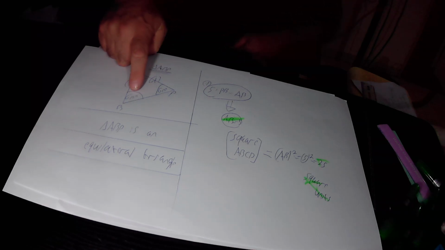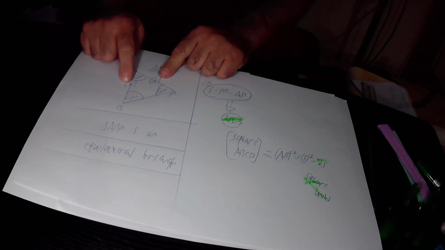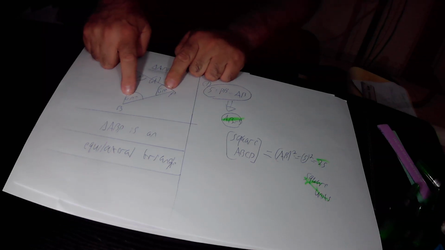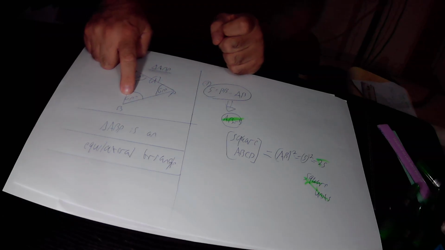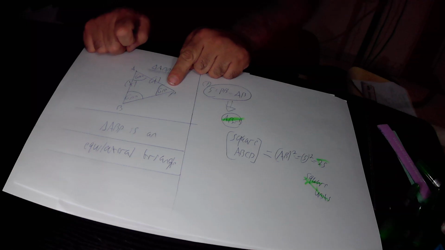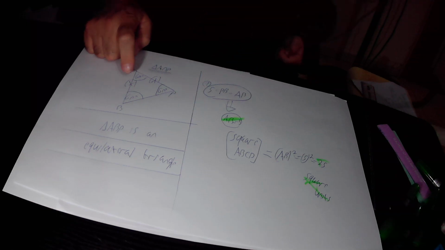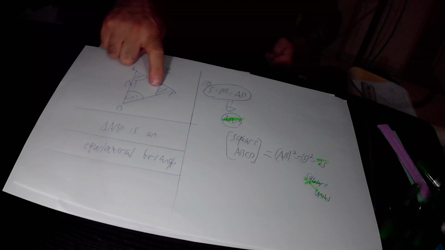This is triangle ABP that I copied from the original drawing. We already found out that angle ABP equals 60 degrees in its size. In front of those two equal sides, we have those two angles that must also be equal to each other in size. But this angle equals 60 degrees, and therefore this missing angle must also be equal to 60 degrees in its size. 60 degrees plus 60 degrees is 120 degrees.